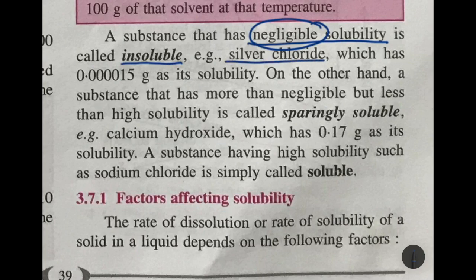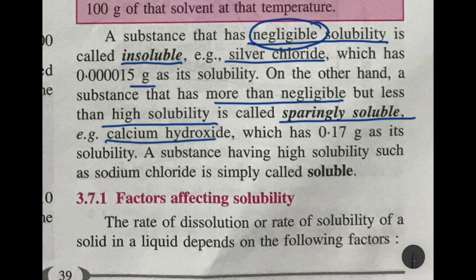For example, silver chloride has a solubility of 0.000015 grams. That means so little of it dissolves that you can ignore it. On the other hand, a substance that has more than negligible but less than high solubility is called sparingly soluble, meaning a little bit is soluble.